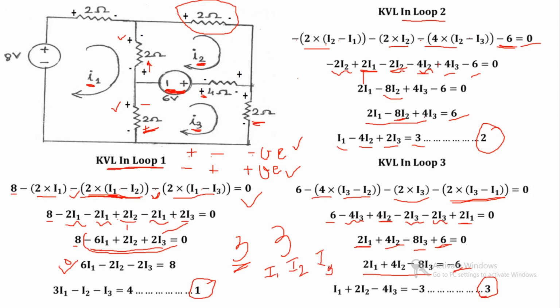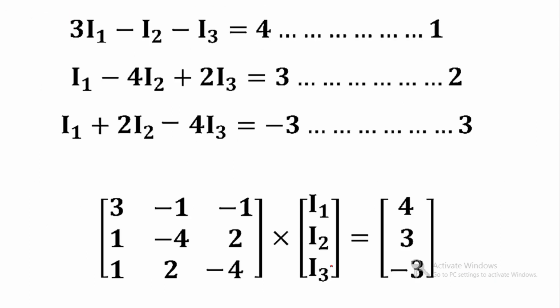So now we have to solve these equations. I have written all the equations together, and from these equations I can write the matrix form. So this is the standard matrix form which will help us to solve the equations.